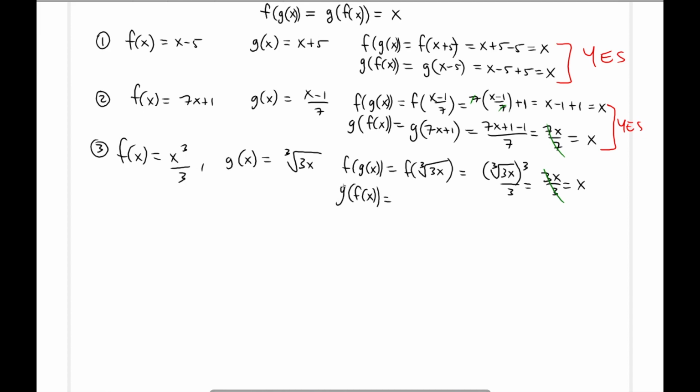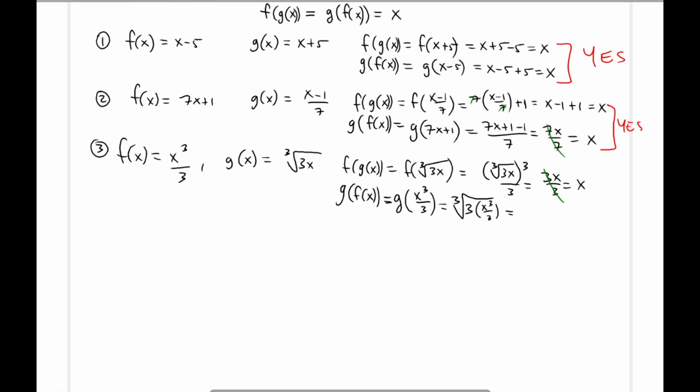Now we're going to find the g of f. So g of f means we're going to find the g of this entire function. The input is x cubed over 3. So that means we're going to put the cube root of 3 times, instead of this x, the entire input of that fraction, x cubed over 3.